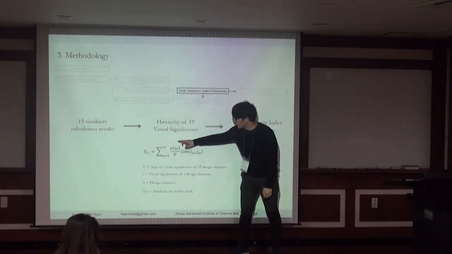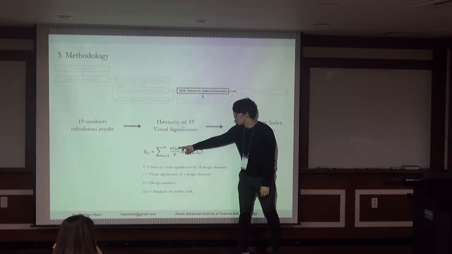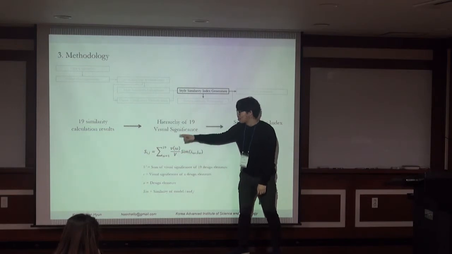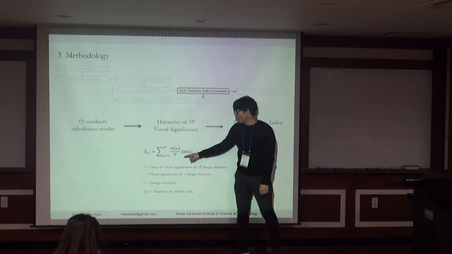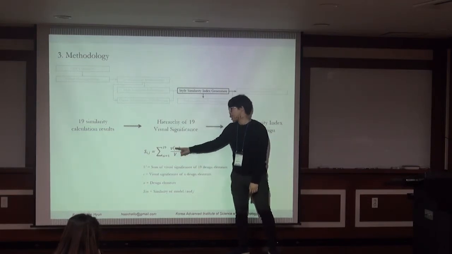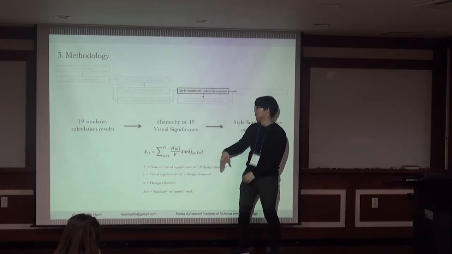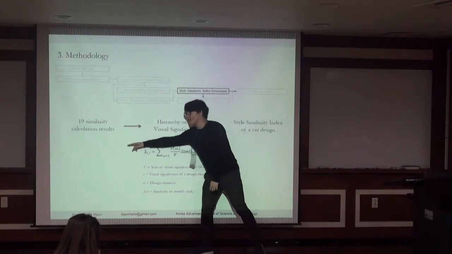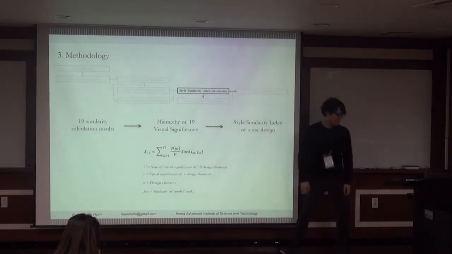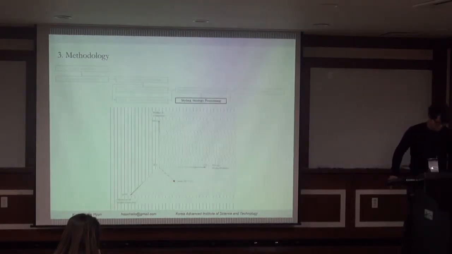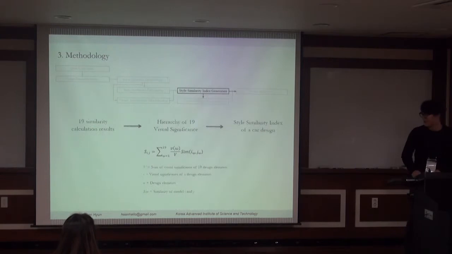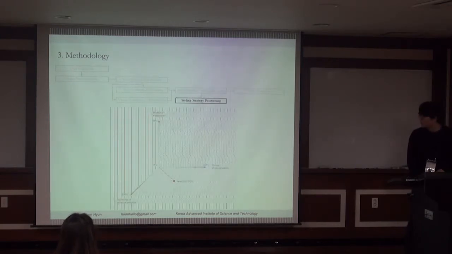This is the visual significance of one specific design element divided by the sum of the visual significance of the design elements, multiplied by the similarities that were calculated. And this is the three-dimensional positioning. So based on this data, I positioned it in this way.